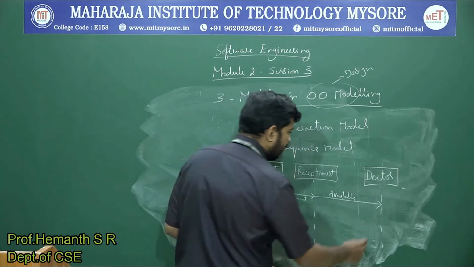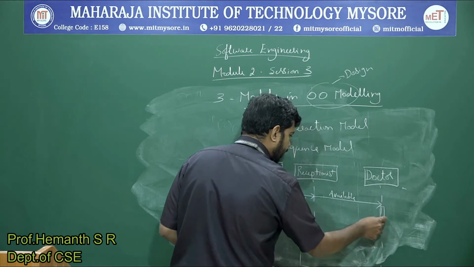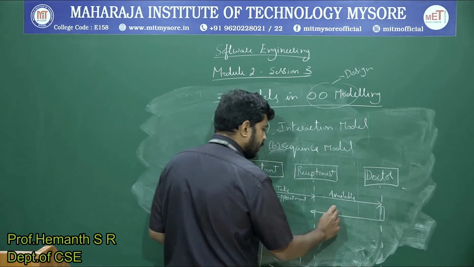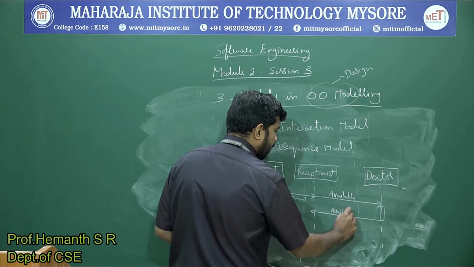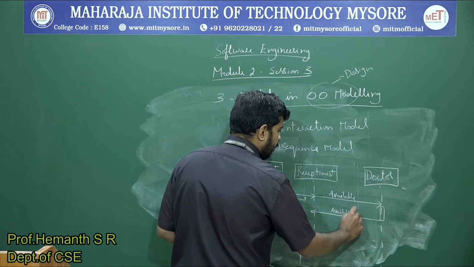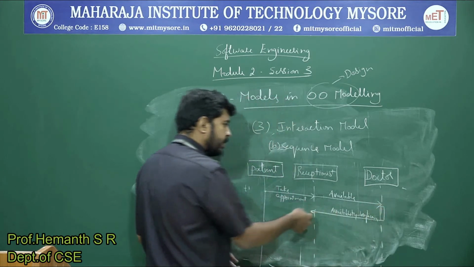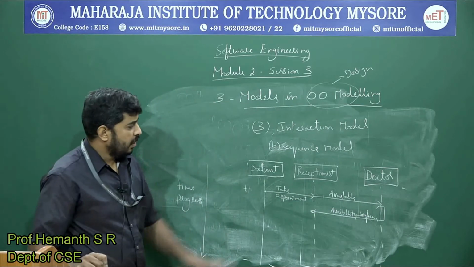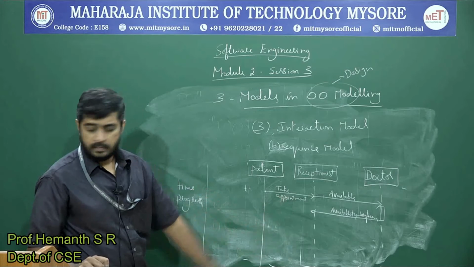And after some period he may inform back the receptionist, yes, I am available. So availability confirmed. So the doctor is informing back the receptionist that he is available to check the patient at that time.